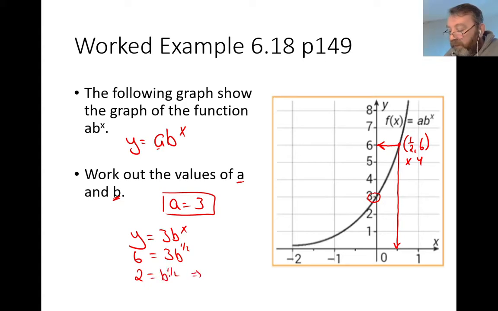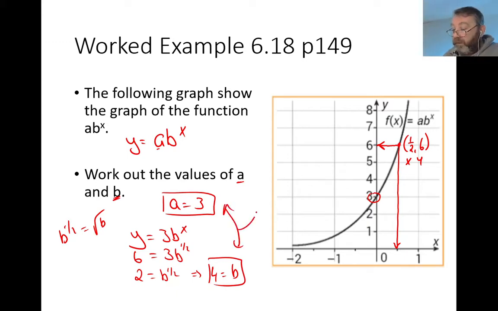To get rid of the power of a half, you square both sides, because don't forget, b to the half is exactly the same as the square root of b. So in order to get rid of a square root, we square. Squaring both sides gives you 4 is equal to b. So we can take these two values back up here and write down the functional form as y equals 3 times 4 to the power of x. And that is that function there.